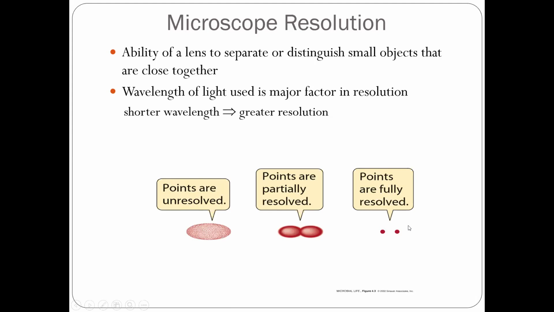Now, how do we do that? We will talk about it in detail in the lab. It is calculated by lambda divided by 2 NA, or P equals lambda divided by 2 NA. Based on that equation, we know that a shorter wavelength of light will generate greater resolution.